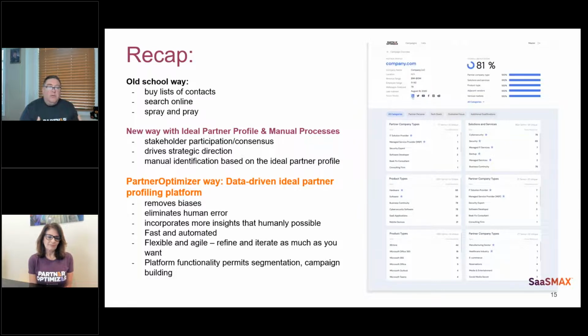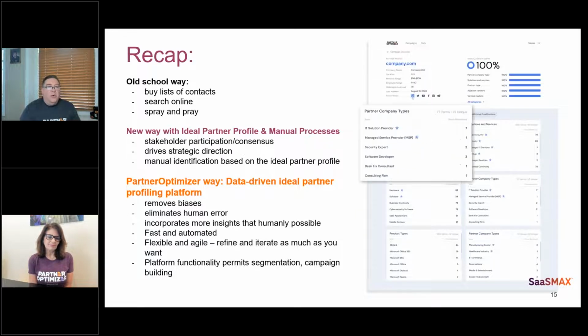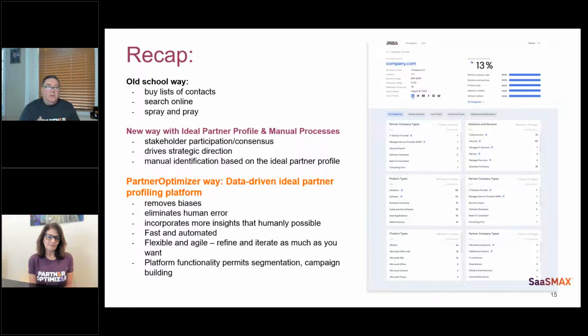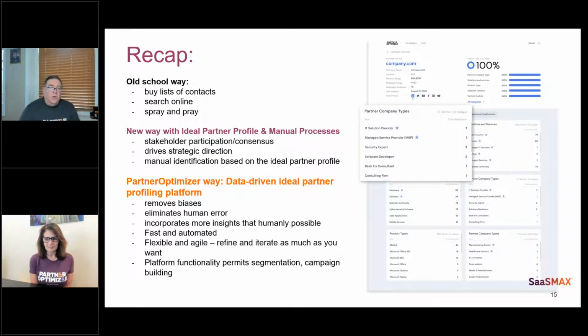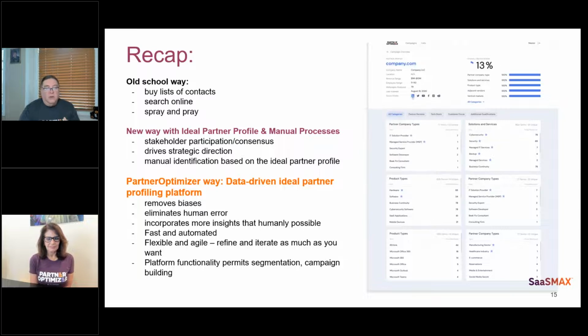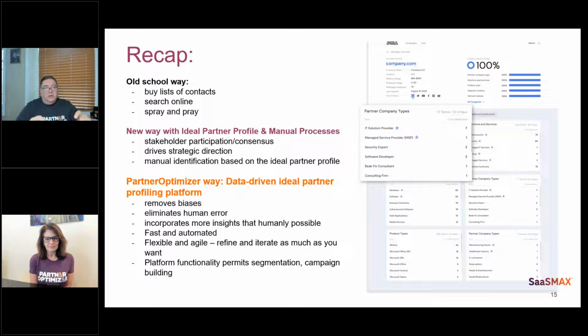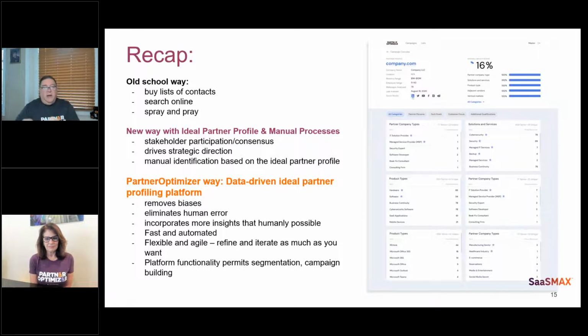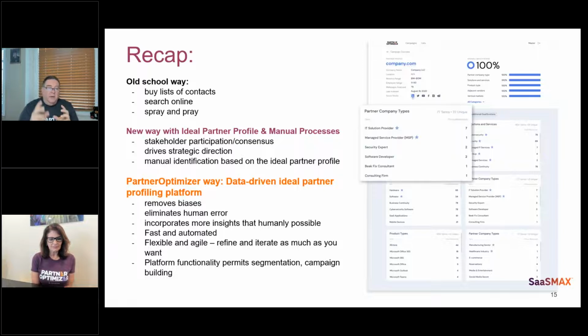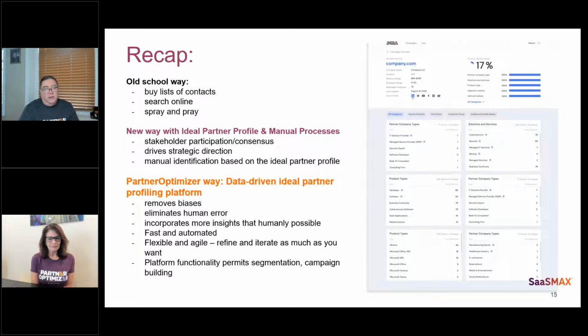So the new way is really identifying who are those companies, not people. It's about who are those companies that are aligned with your go-to-market strategy and how you want to drive revenue. So I need to look at it so you get good stakeholder participation, you get a good strategic direction, you get a good set of partner companies that you want to go after, and from there you start to drive your engine.